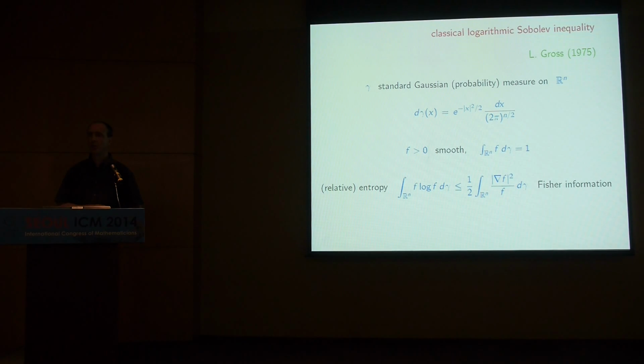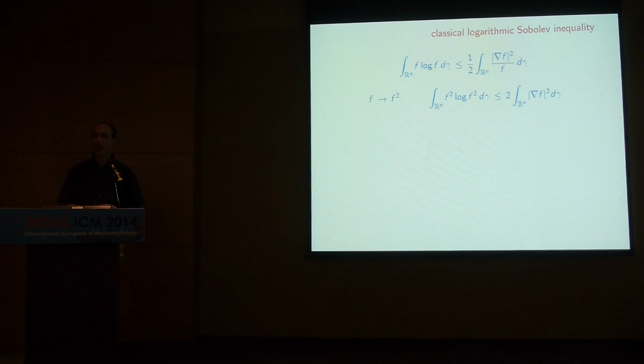So if you change f into f squared in this inequality, it looks more like a classical Sobolev inequality, namely if you take a function whose gradient is in L2, then the function itself is not in L^p for any p strictly bigger than 2, the exponent degenerates, but you still keep a logarithmic factor, and the function is in the Orlicz space L2 log L. On the other hand, one important aspect of this inequality is that no constant depending on the dimension appears.